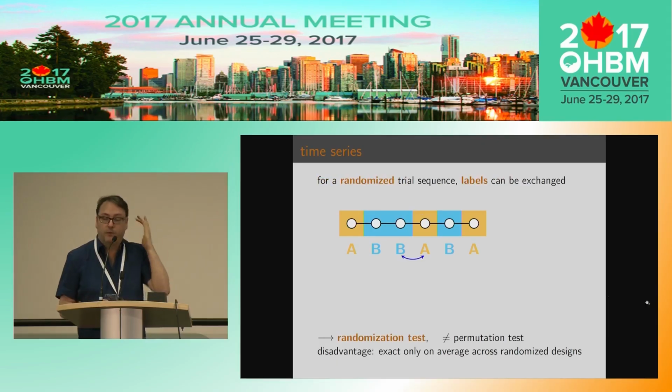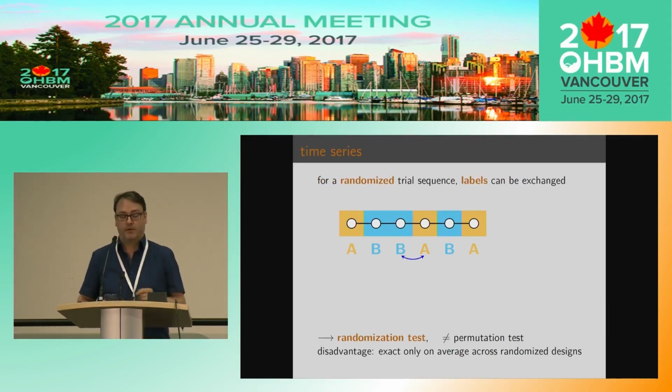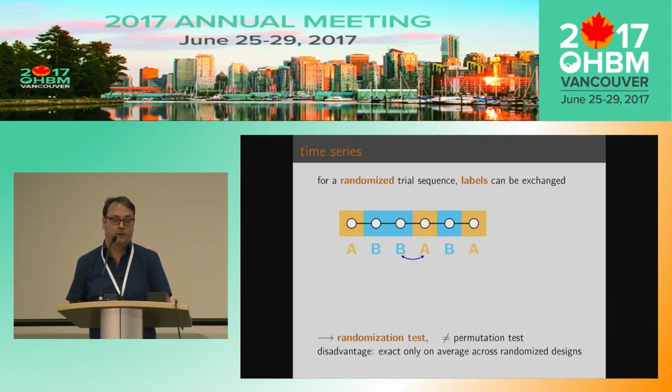There is another approach, which is not a permutation test, even though it is very frequently confused with a permutation test. The procedure is very simple, but the rationale is completely different. If, as I said, the sequence of conditions in this time series has been randomized, it has been chosen randomly, then you can use this as a basis to exchange labels, not data points.